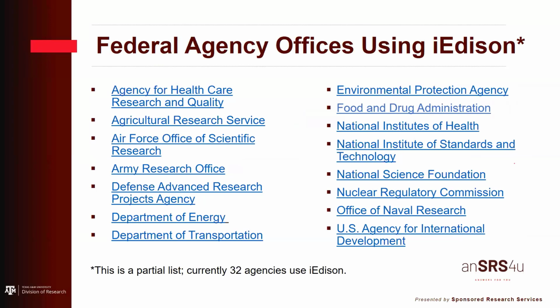And actually right now they are doing some beta testing on an updated version of the iEdison portal. It's going to streamline some of the things, but this is not something that our researchers really have to worry too much about, because again, the TTC office will take care of doing the reporting.